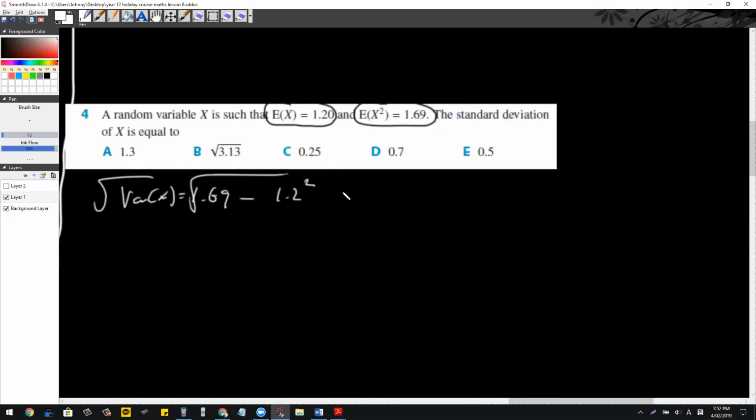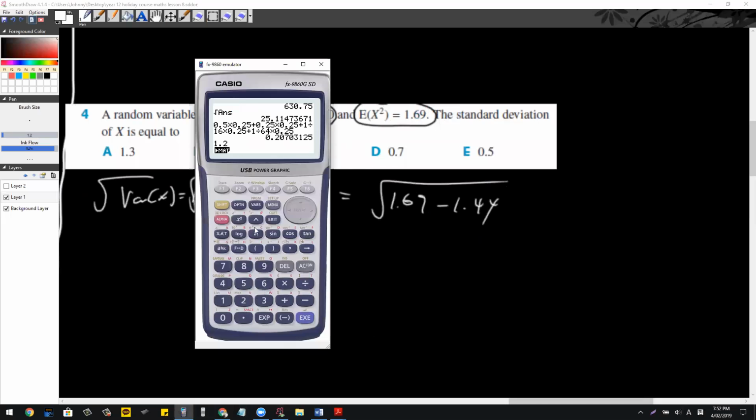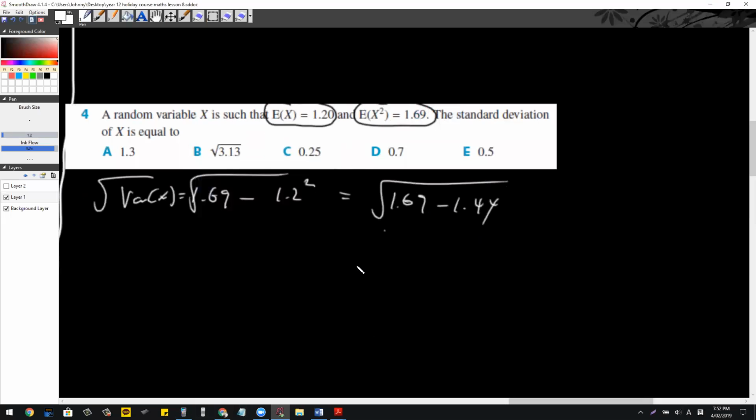So that's equal to the square root of 1.69 minus 1.44. I believe that is right. 1.2 squared is 1.44. So this one is the square root of how much? 0.25, which is 0.5. So I think that is the answer here.